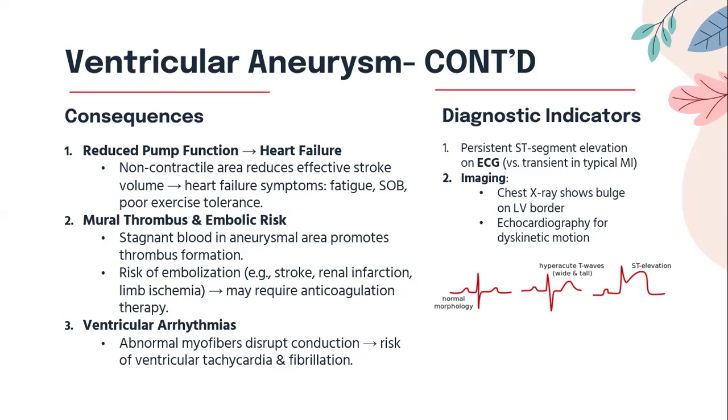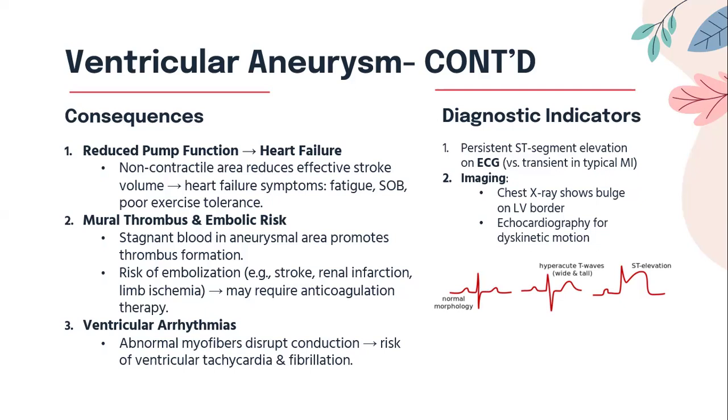This clot can dislodge and travel as an embolus to other organs, potentially causing life-threatening complications such as stroke, renal infarctions, or limb ischemia. The risk of embolization makes it essential to monitor patients with an LV aneurysm and, if necessary, provide anticoagulation therapy to reduce thromboembolic risk.